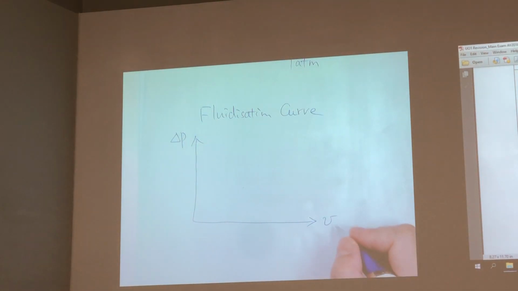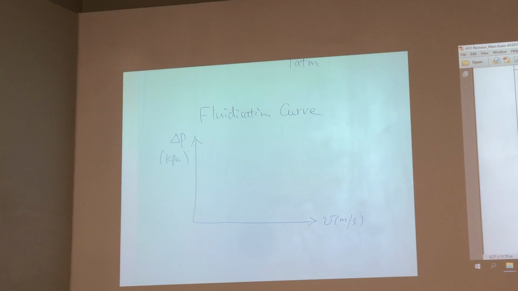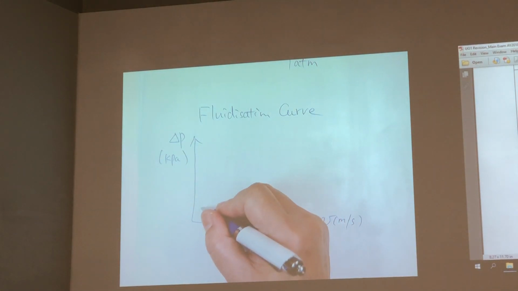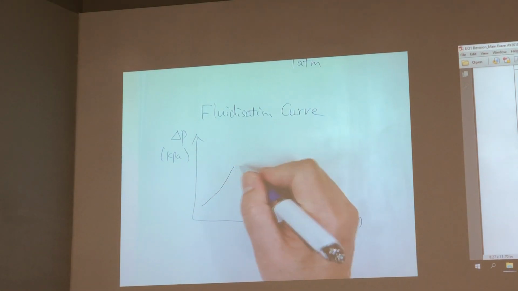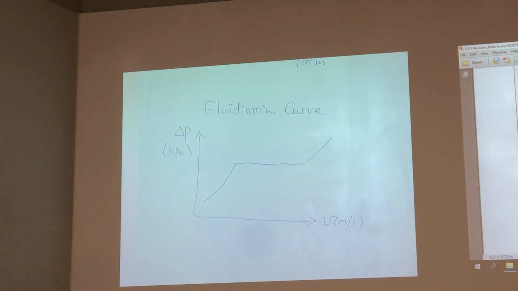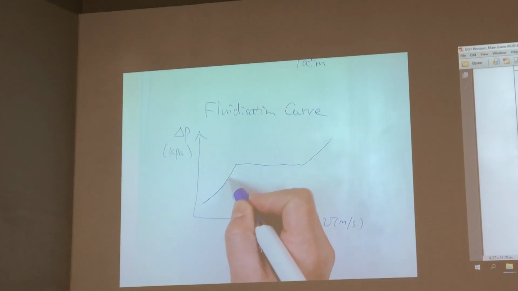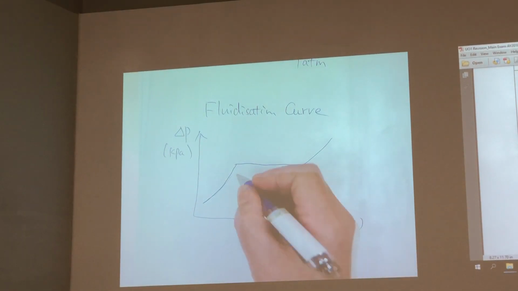This is the velocity, and this is the pressure drop, right? You will have 3 periods or 3 stages, remember? Okay, then what are the names?